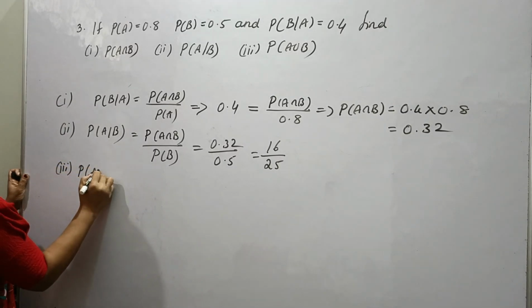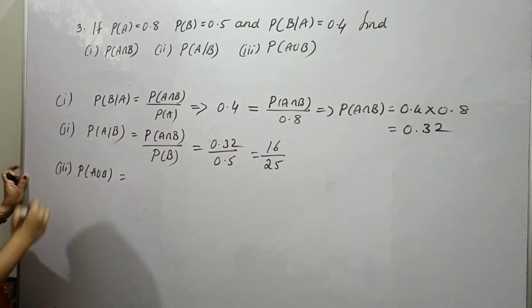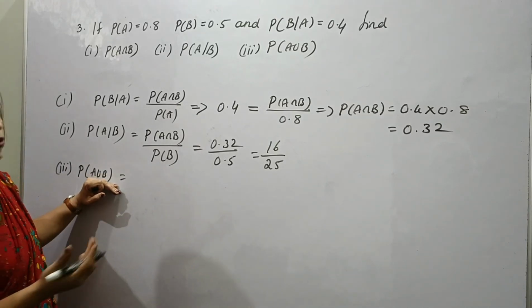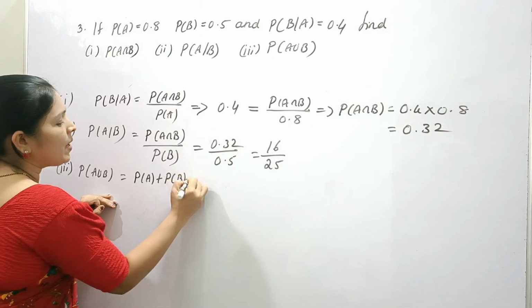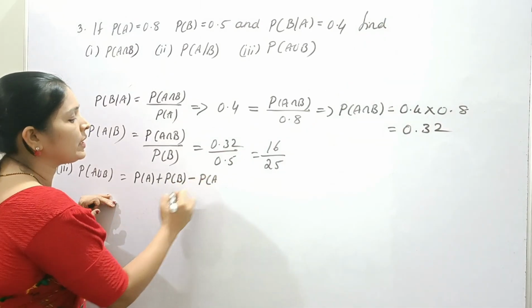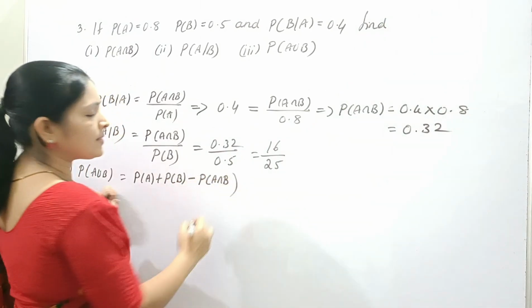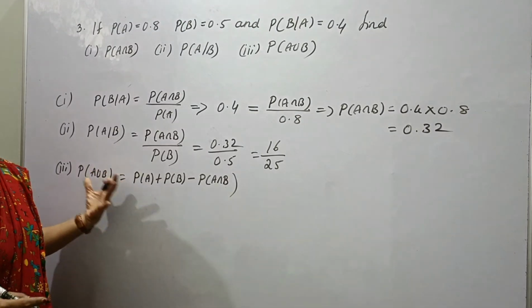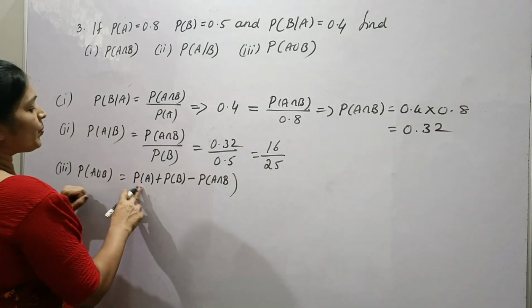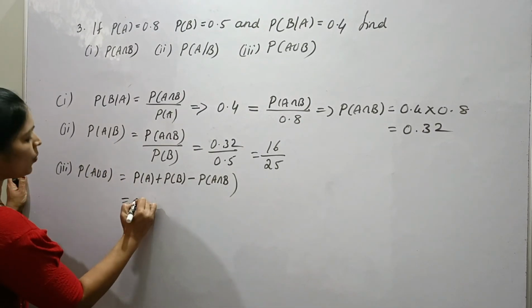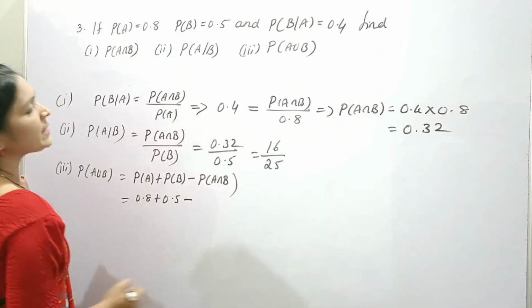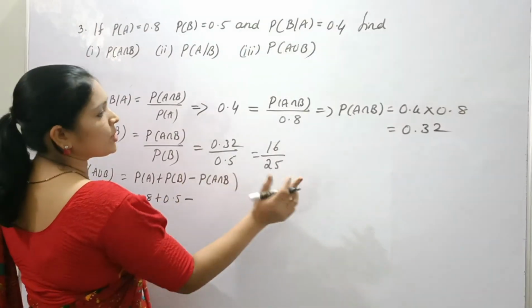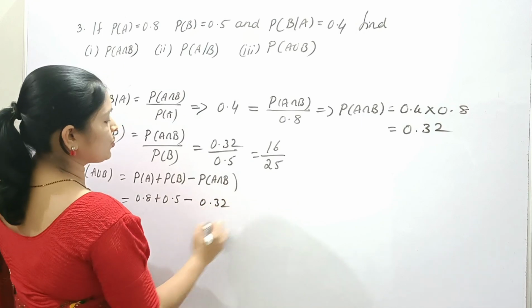Next is the third one, probability of A union B. What is probability of A union B? Probability of A plus probability of B minus probability of A intersection B. It is the property of probability. So probability of A is 0.8 plus 0.5 minus probability of A intersection B, which is 0.32.